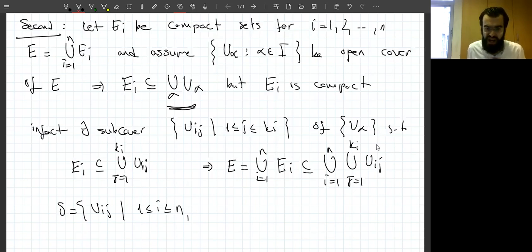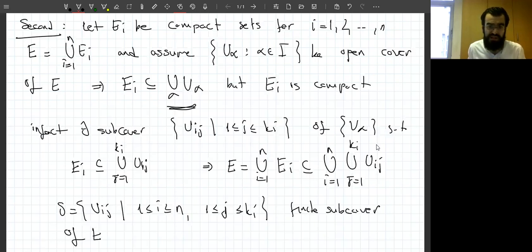And for each i, we have this j up to k_i. It's a finite subcover of this E, isn't it? This implies this set is compact.